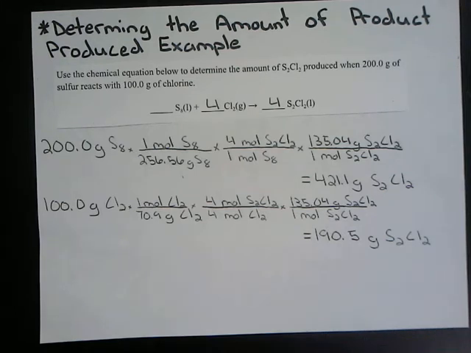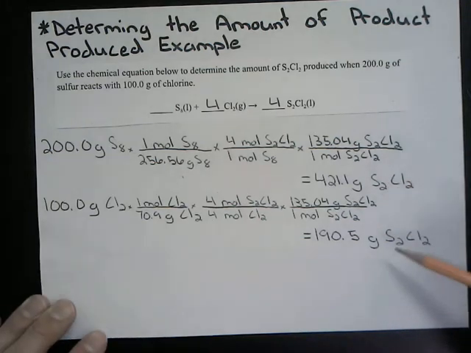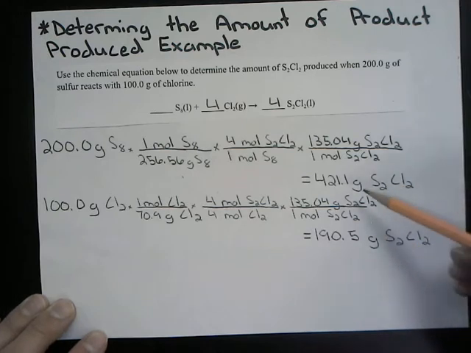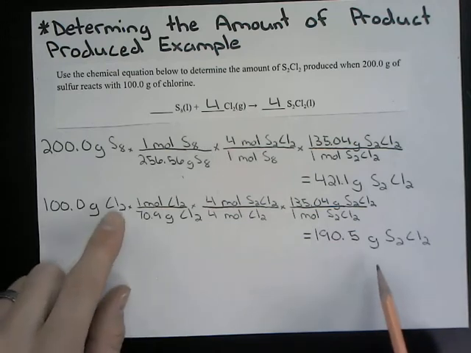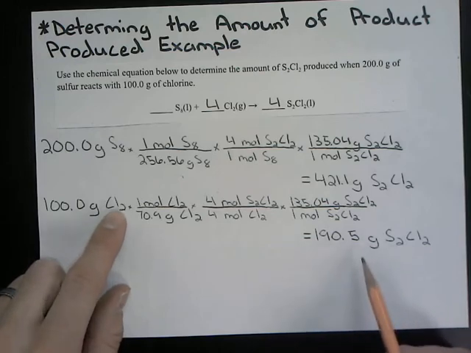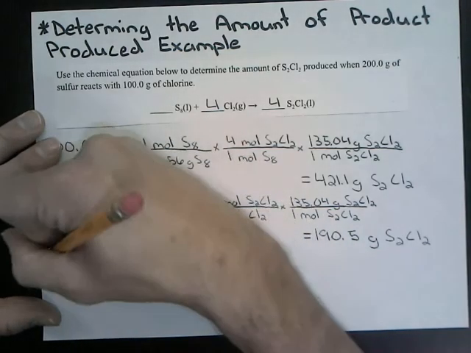So to determine the amount of product produced, the first step is determining the limiting reactant. Again, we put on our thinking caps and ask ourselves, which of these values, 421.1 or 190.5, is smaller? Well, the 190.5 is smaller. This means the substance that produced that smaller number is the limiting reactant.